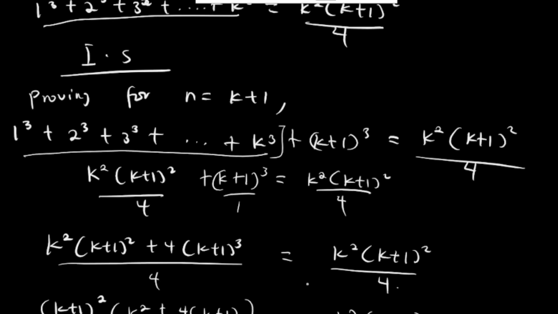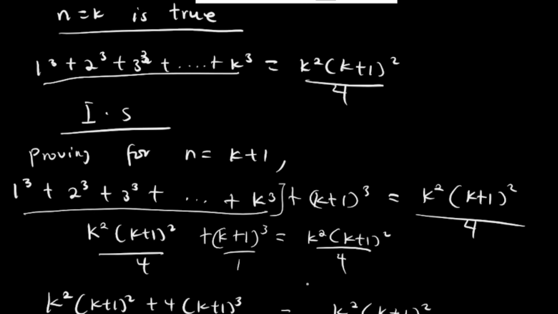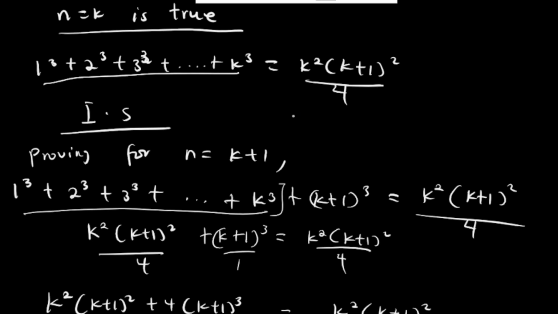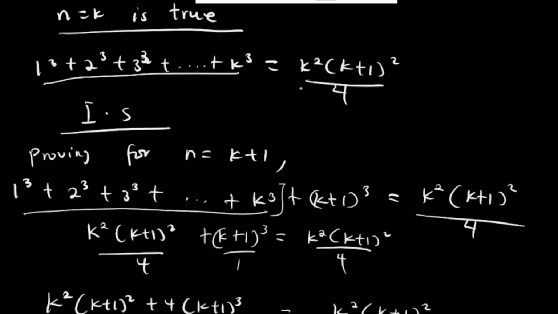When I was proving for n equals k plus 1, this side I didn't replace with k plus 1. So making that correction, I'll clean this side and I'll replace it with k plus 1, because I need to replace it with k plus 1 from this side.